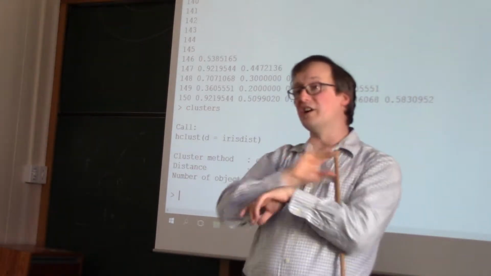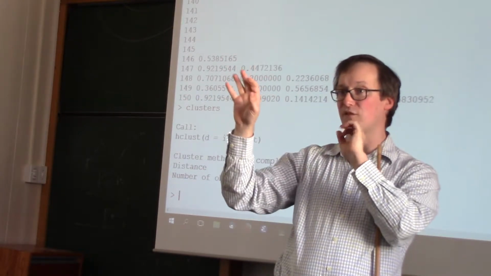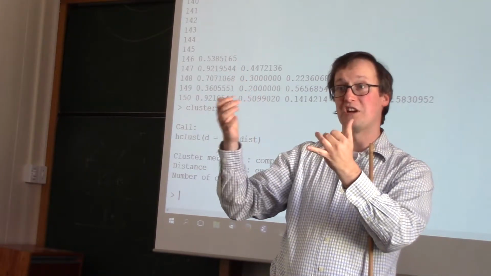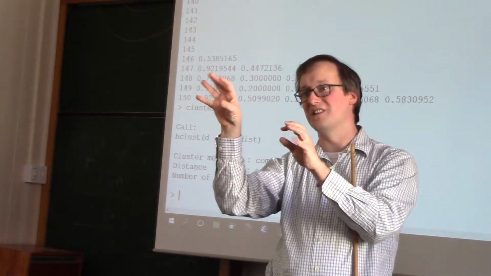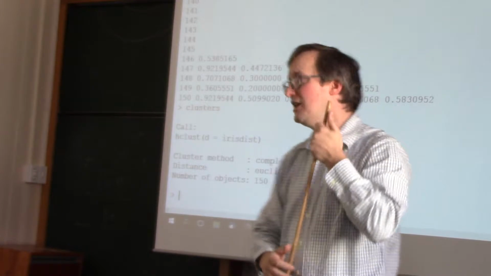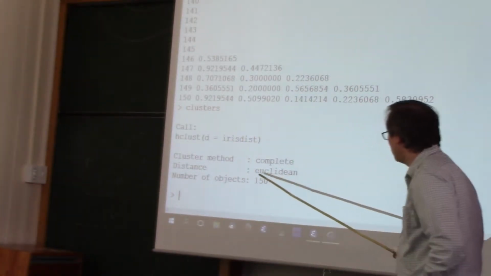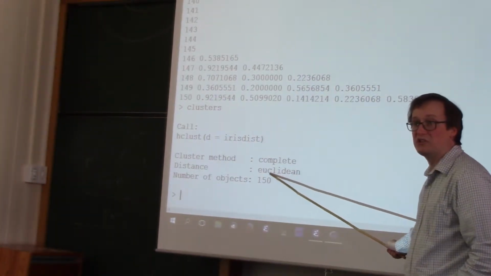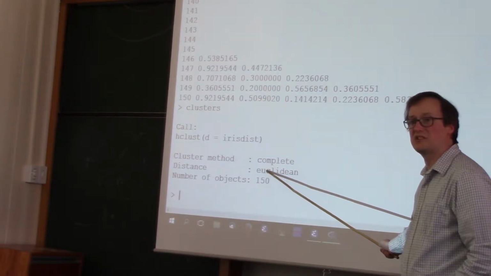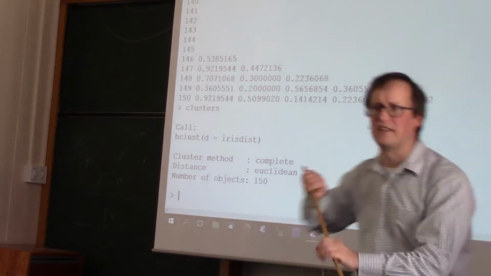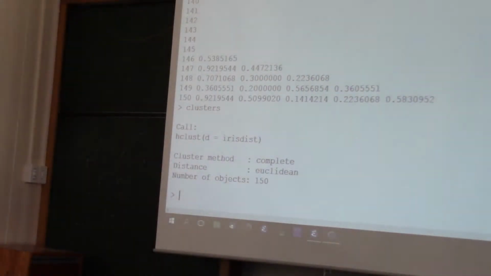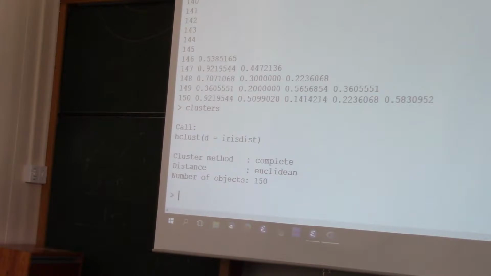We ask what is the longest distance for any point in A versus any point in B. There's also the opposite of that, to look at what is the shortest distance from any point in A to any point in B. But by default, hclust is going to use the complete method, which is to say what is the longest distance from any point in A to any point in B. That will have an effect, and we might take a glance at that as we move ahead. All right, so now we will take a look at the plot that results from this clusters object.